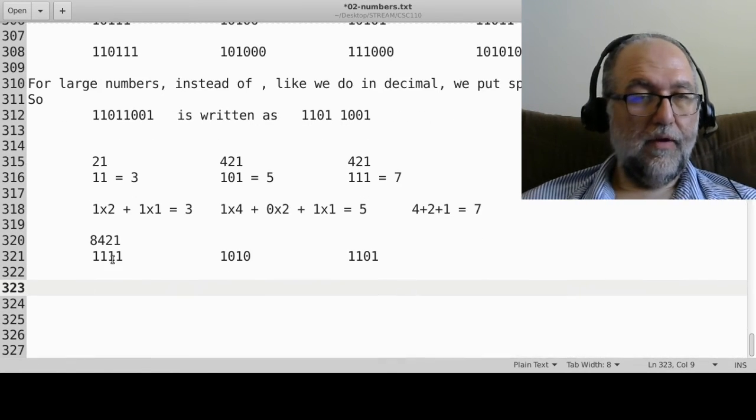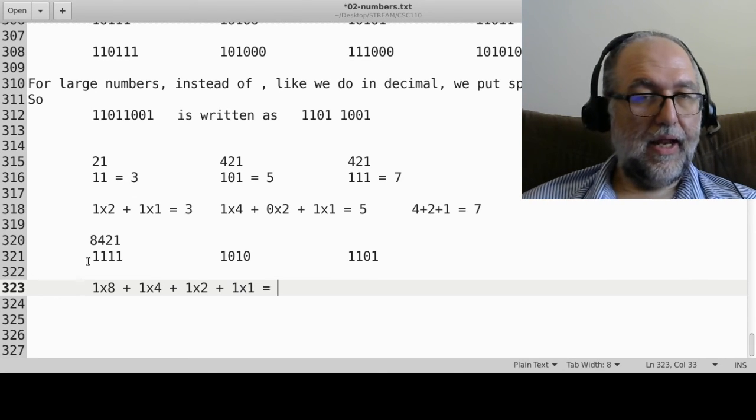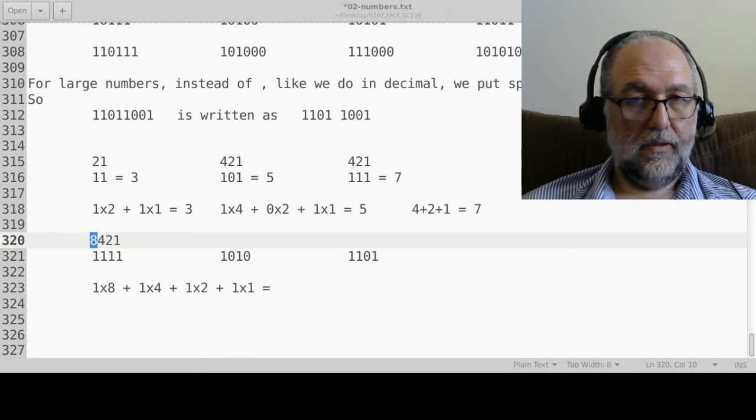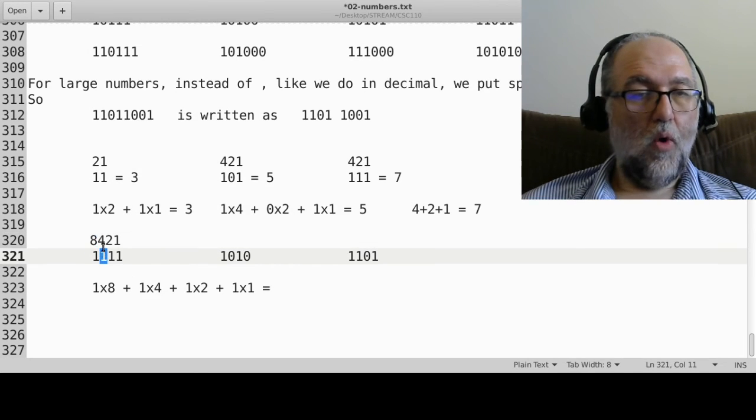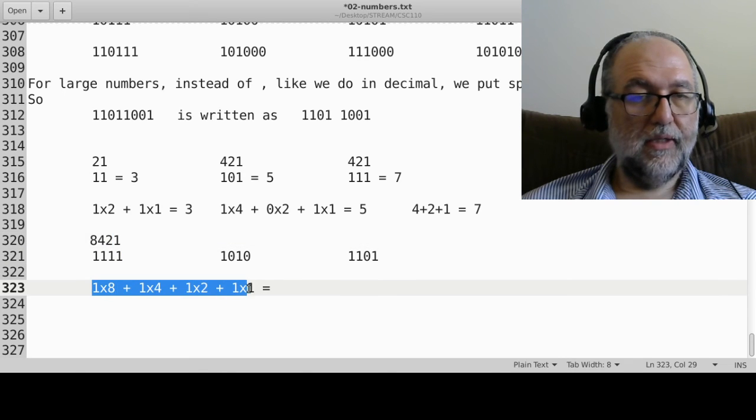And now what? Well, if we're going to convert this number, you would say I have 1 eight, plus I have 1 four, plus I have 1 two, plus I have 1 one. You say, how did you get that? I have 1 eight, I have 1 four, I have 1 two, and I have 1 one.